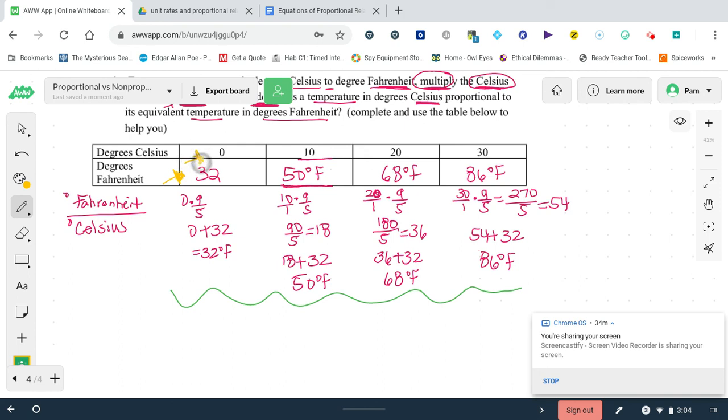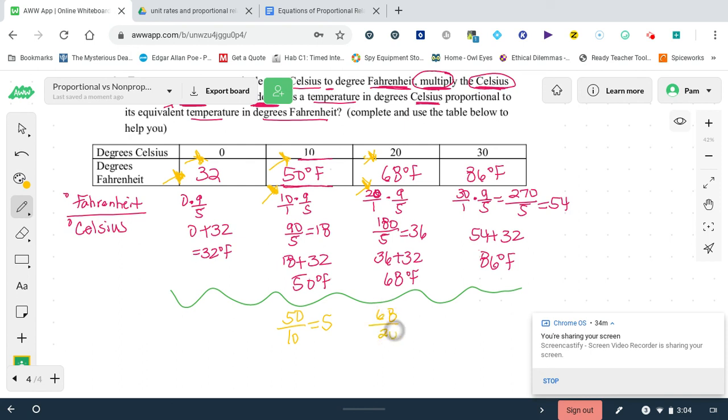Okay. Let's go here. Let's take 50 and divide it by 10. And we all know that 50 divided by 10 is 5. Let's take 68 and divide it by 20.